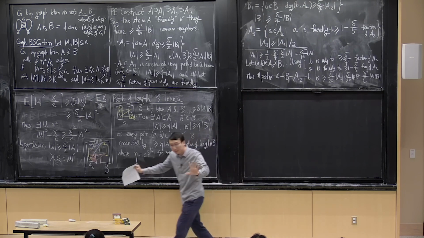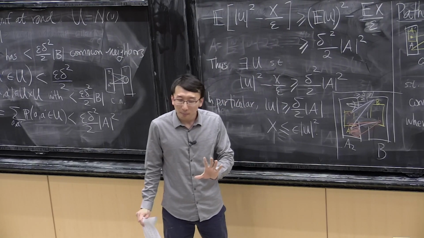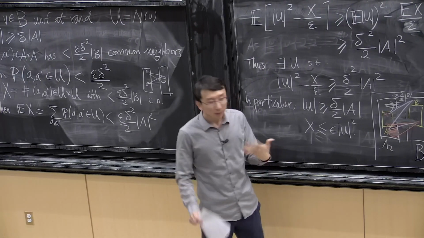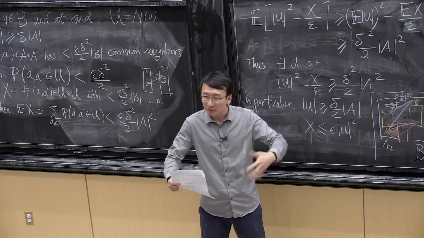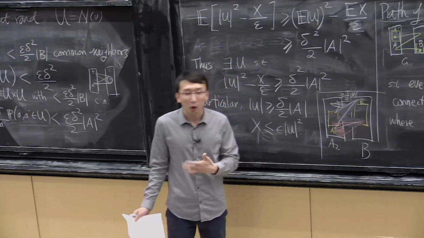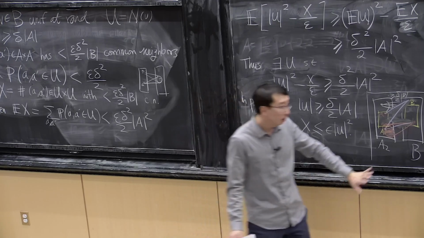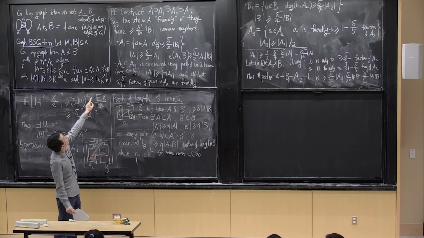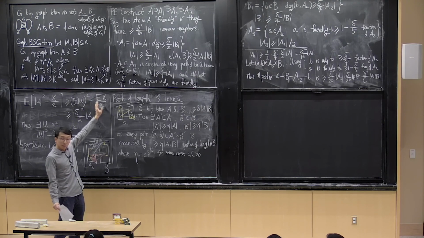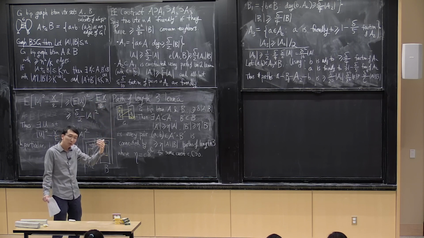Okay, so let me just do a recap. There were quite a few details in this proof. Some of them have to do with cleaning up, because it's not so nice to work with graphs that just have large average degree. It's much nicer to work with graphs with large minimum degree. So there are a couple of steps here to take care of vertices with small degrees. We started with lots of edges between A and B, and we trim vertices from A with small degree.